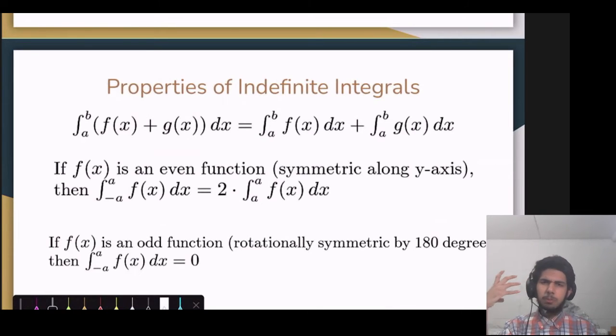Next, we have properties of how area works. If f of x is an even function, which means it's symmetric along the y-axis, then the integral from negative a to a of f of x equals 2 times the integral from 0 to a of f of x dx.